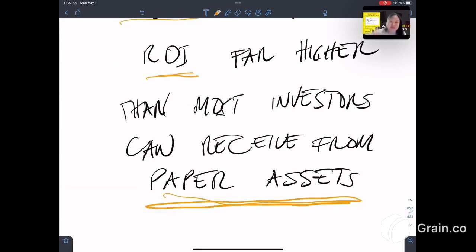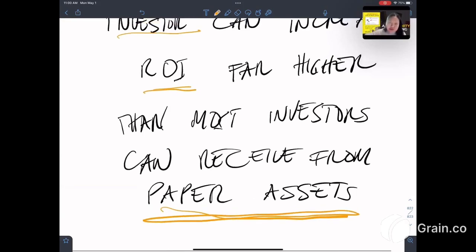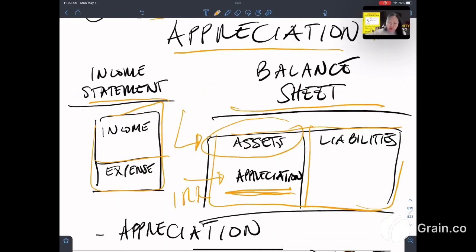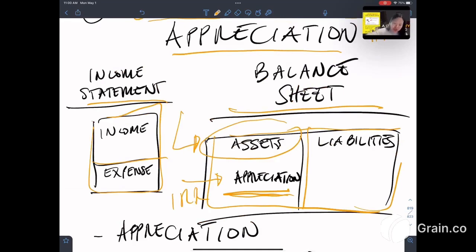These are just some basic, simple things that Robert explained in the book when he talked about internal rate of return. With income, you have the passive income. With the expenses, you have the depreciation. With assets, you have the appreciation. With liabilities, you have the depreciation. So I hope you learned something. Let me know in the comment section below what you learned from today's topic of internal rate of return.